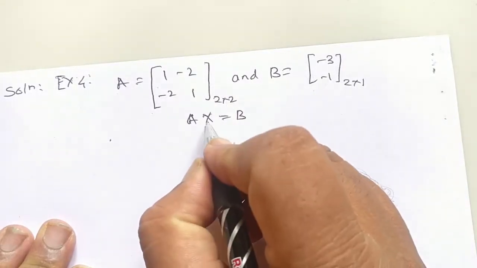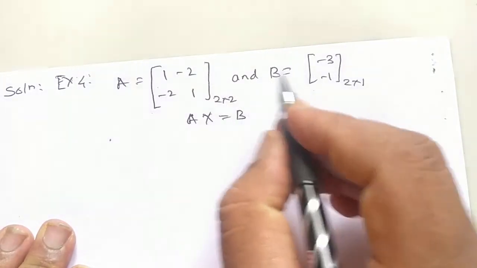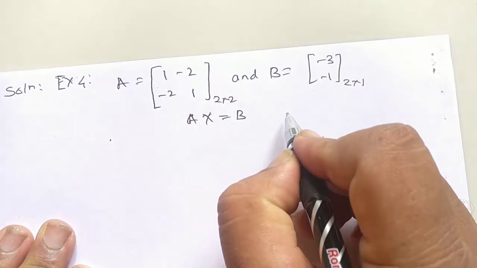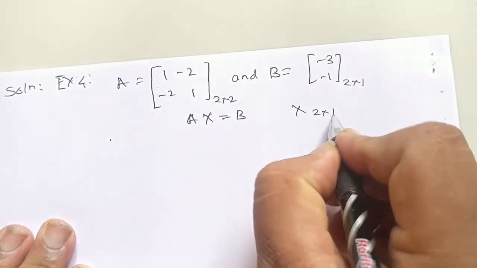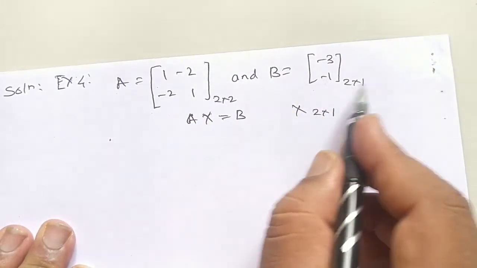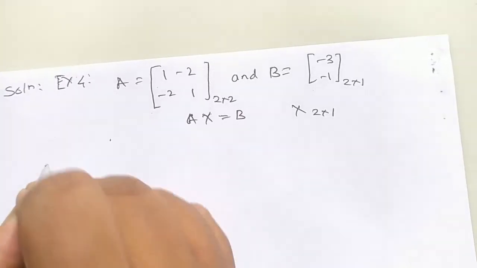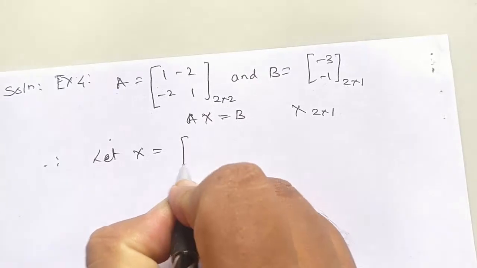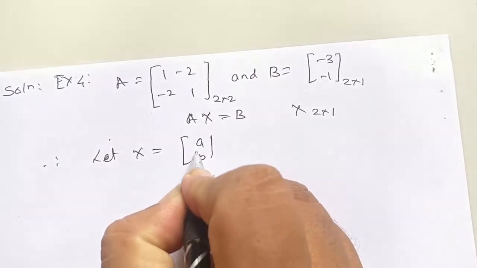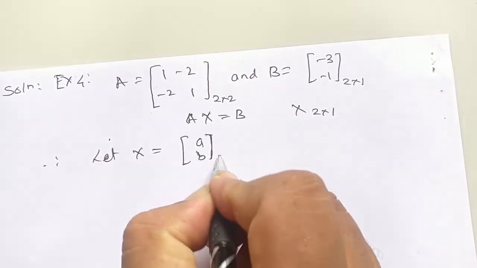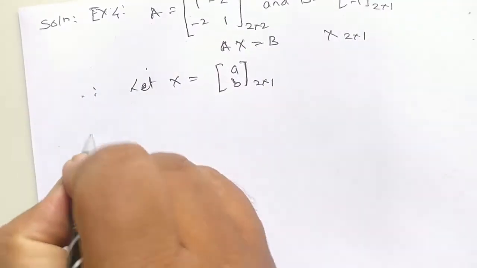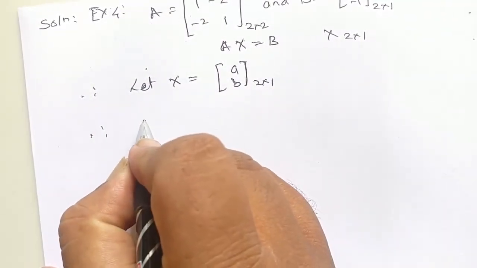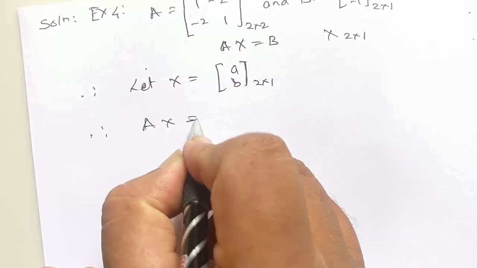So that X, we shall take the matrix 2 into 1. We take X as 2 into 1 so that we get the matrix B of order 2 into 1. Therefore, let us take the matrix X as A, B, that is 2 into 1. Therefore, now AX is equal to B.